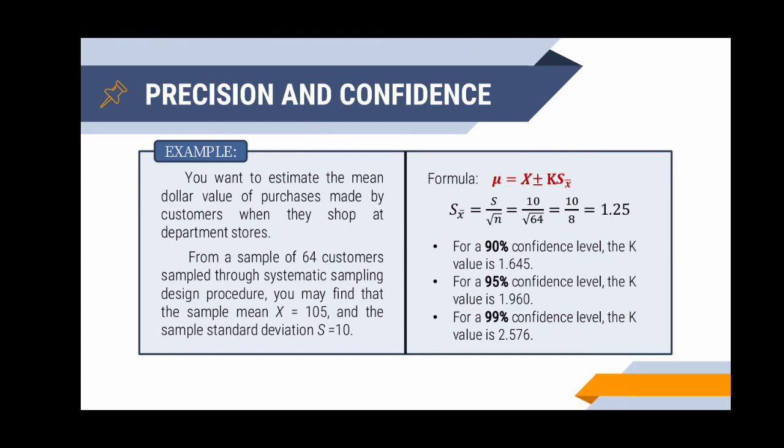And nilagay ko na dyan in bullet form yung mga critical values ng bawat equivalent confidence level. Sa 90%, the K value is 1.645 and kapag naman 95%, the K value is 1.960 and 2.576 naman if 99%.